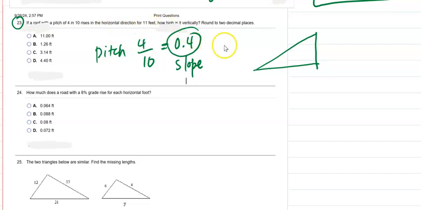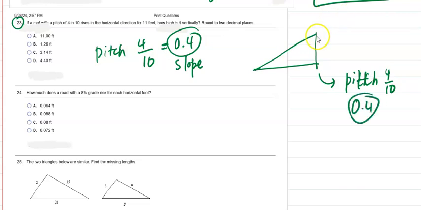Now the question is asking, if that roof has a horizontal distance of 11 feet. Let's say this is the roof which has a pitch 4 to 10, which means a slope of 0.4. If the horizontal direction is 11 feet, from here to here, the question is asking how high it is vertically.